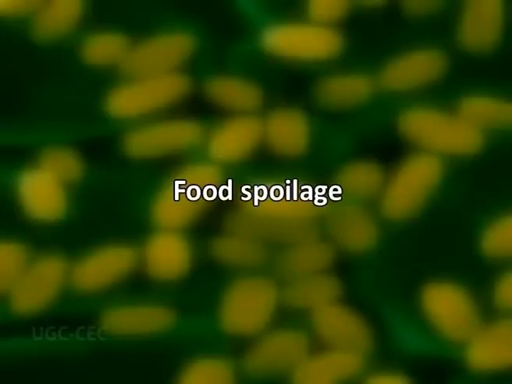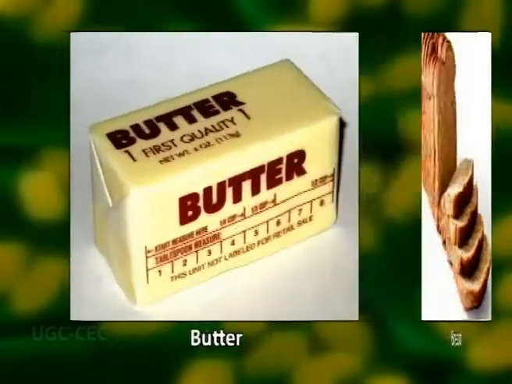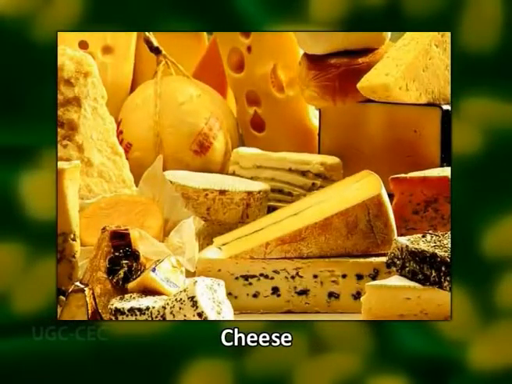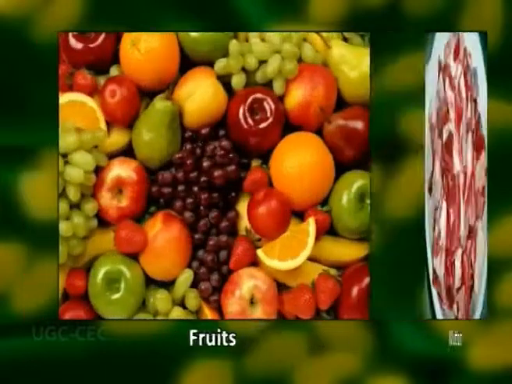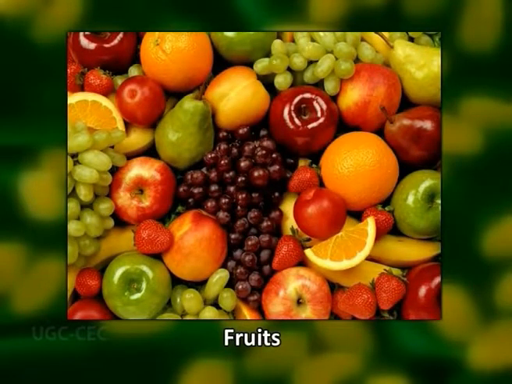The next negative role of bacteria is food spoilage. The saprophytic bacteria are able to grow on a wide range of organic substrata, including human food such as bread, butter, cheese, mutton, fruits and other eatables.